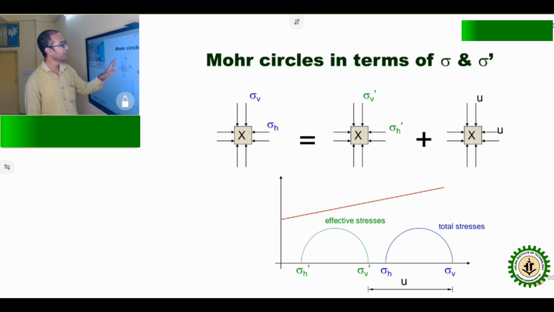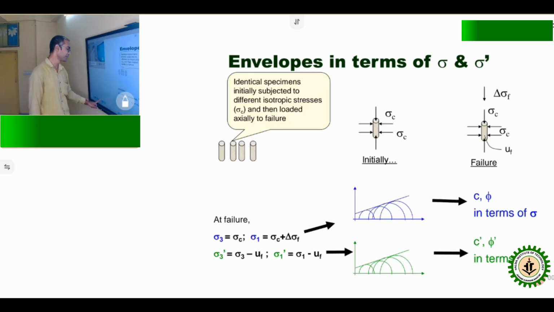Here the total stress is denoted sigma V vertically and sigma H horizontally, the effective stress is denoted vertical stress sigma dash V and horizontal stress sigma dash H, and the pore water pressure is denoted U. This is the effective stress envelope and this is the total stress envelope, and the failure envelope touches both.